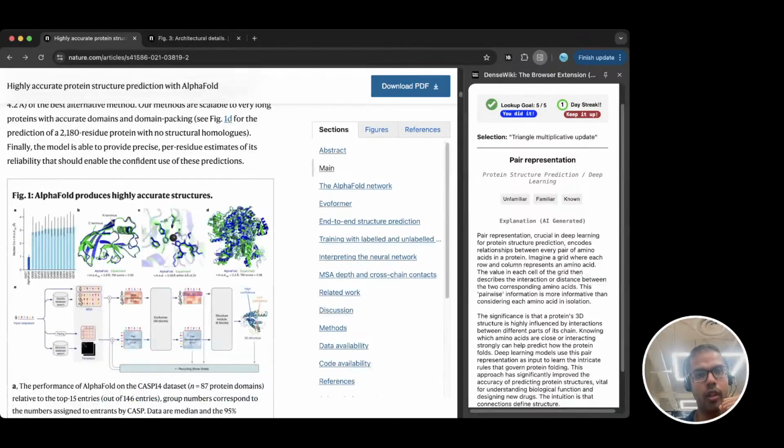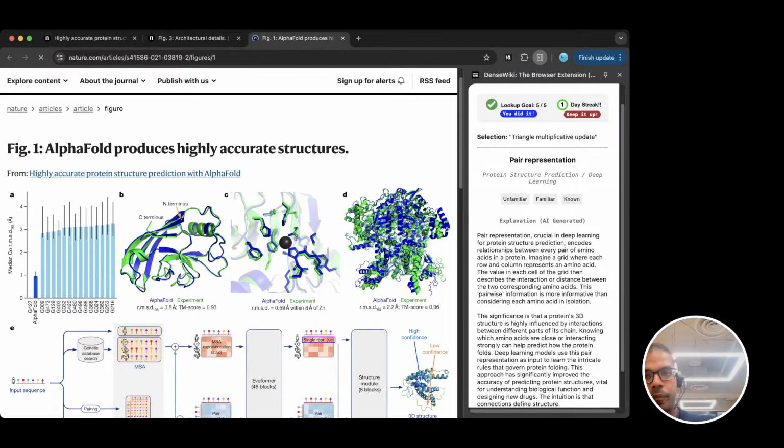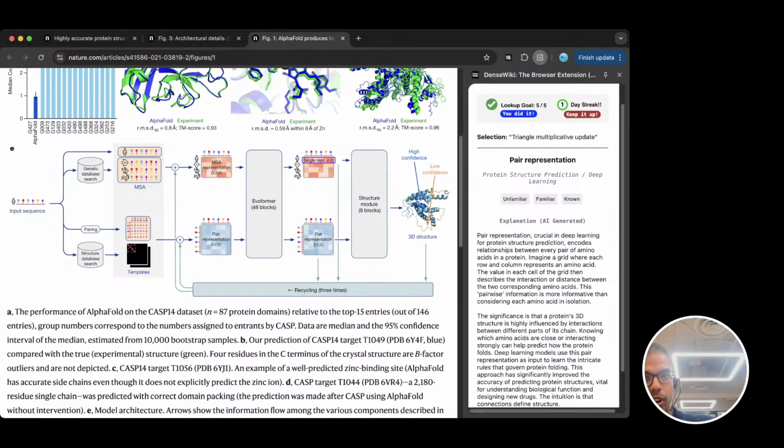Let's look at this one again. This diagram. I keep coming back to it, right? So the pair representation keeps going back to the pair representation, right?